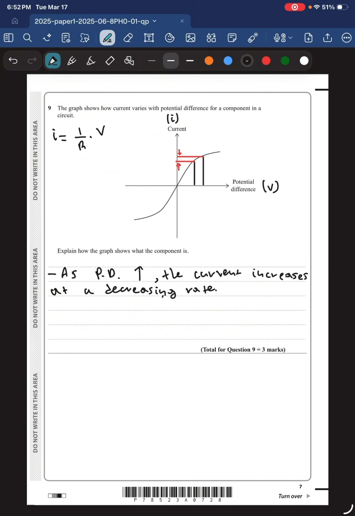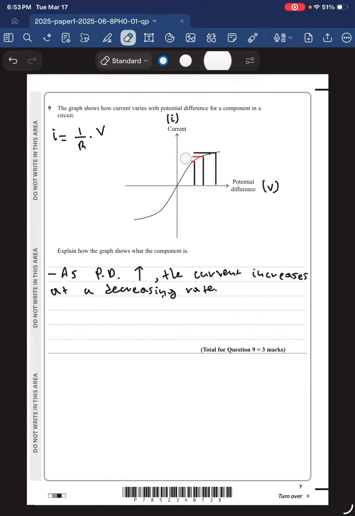And then if we increase the potential difference a little bit more, say we come up here, the current increases a bit, but it increases at a decreasing rate. So that's the first observation. I hope this makes sense. If it doesn't, let me know.